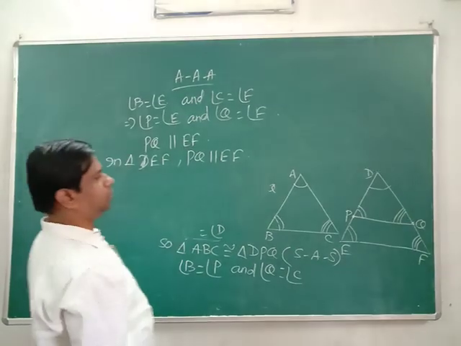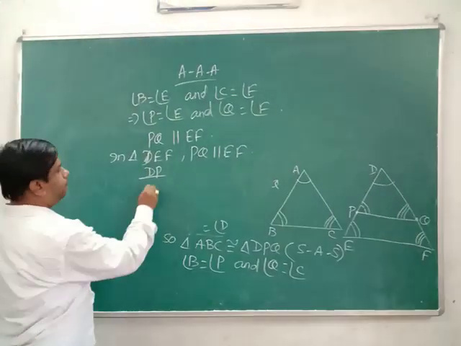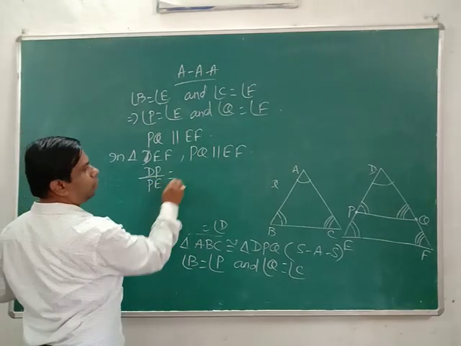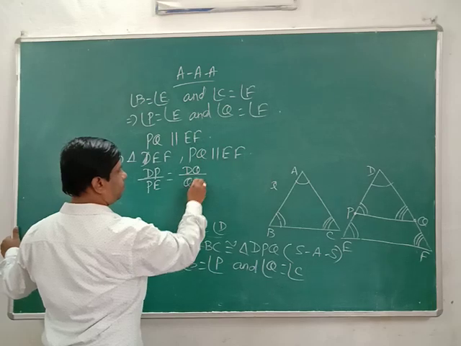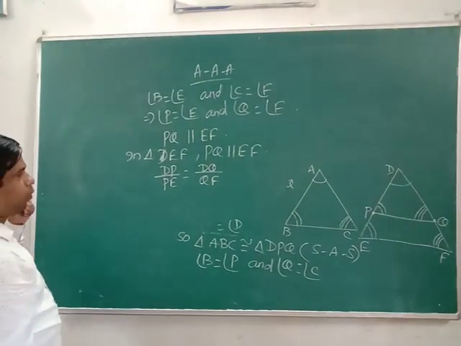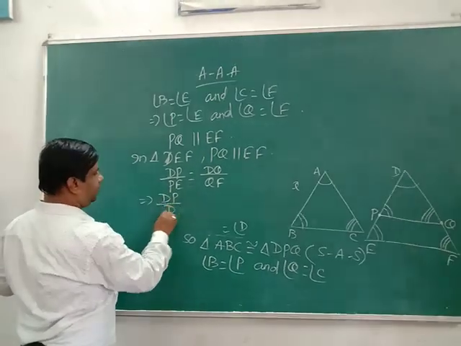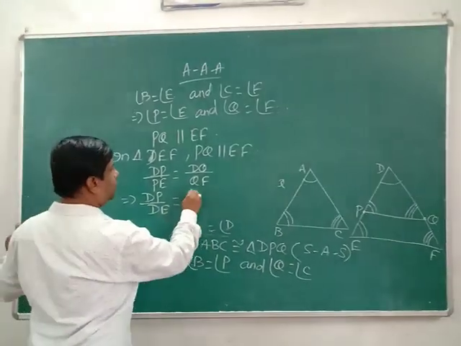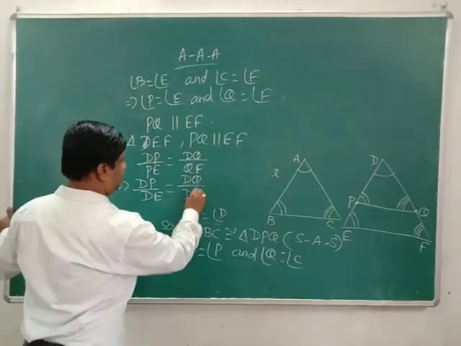So what can you write? DP by PE is equal to DQ by QF. This can be written as DP by DE is equal to DQ by DF.